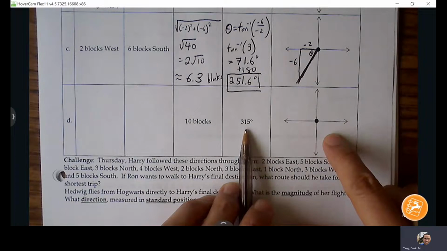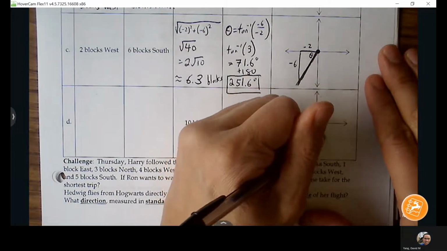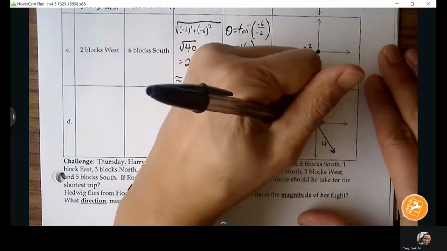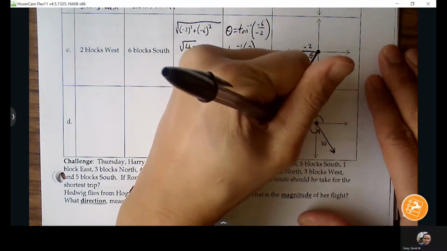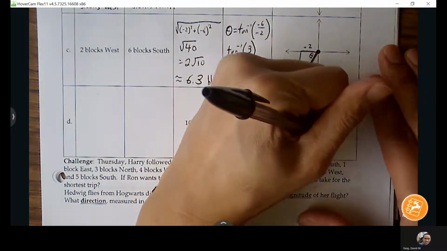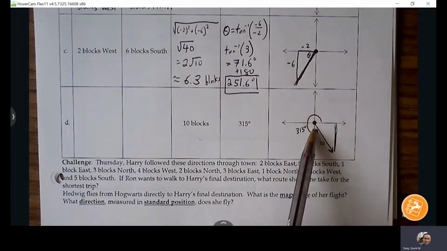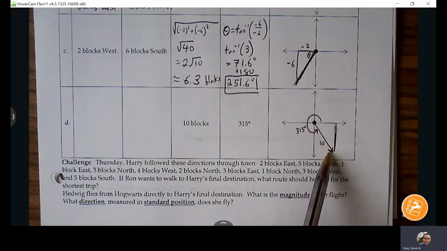Okay, so this is fourth quadrant, right? 315 degrees. So 315 takes us all the way from 0 degrees to this vector here.